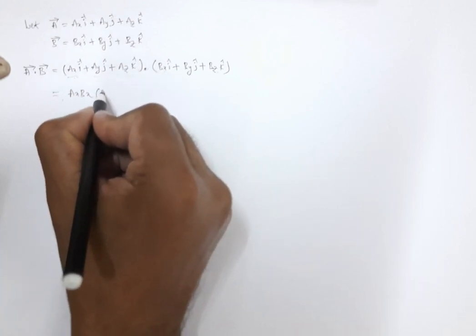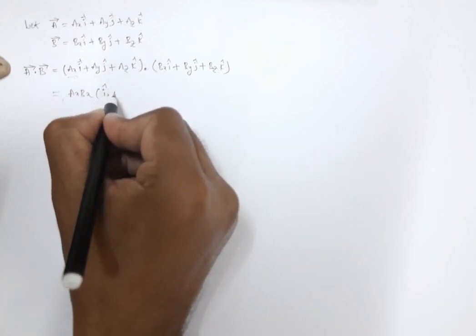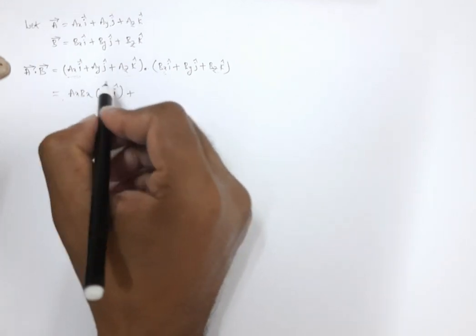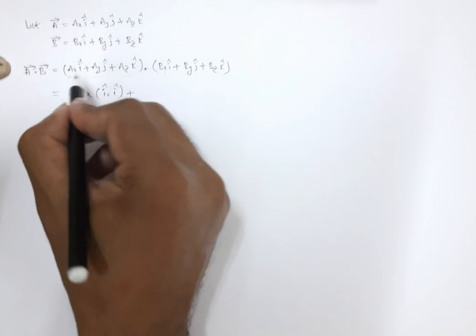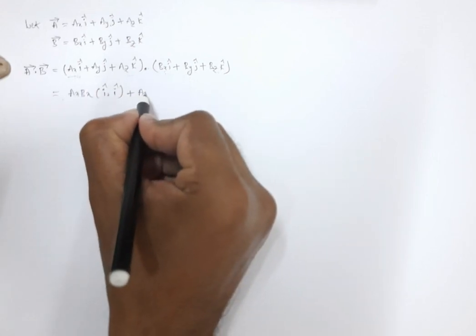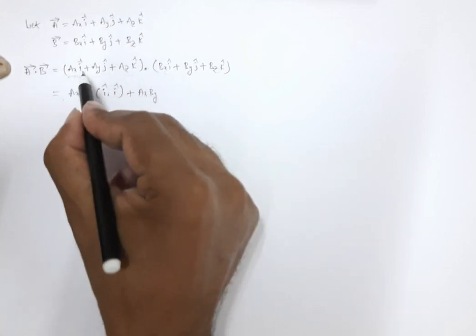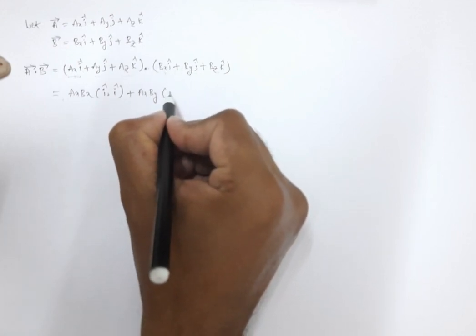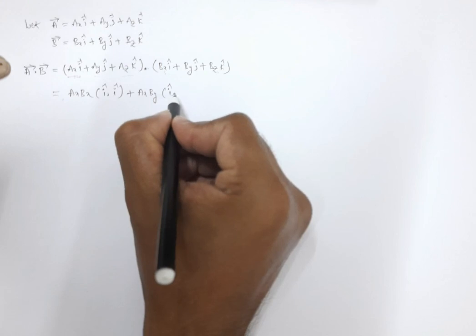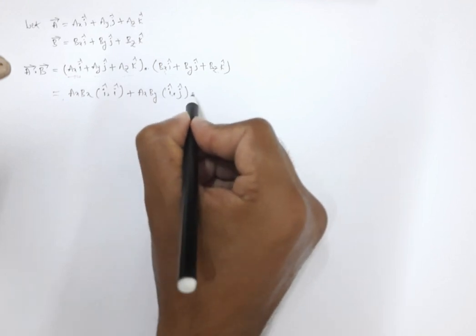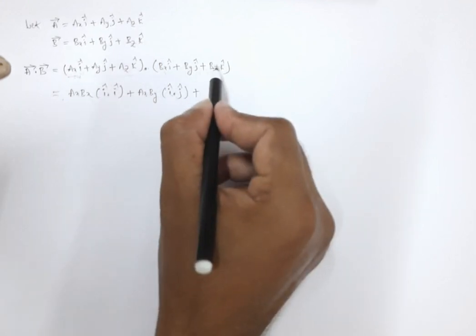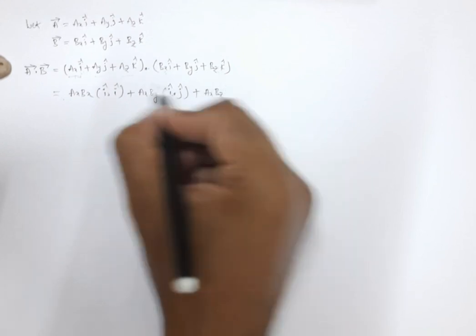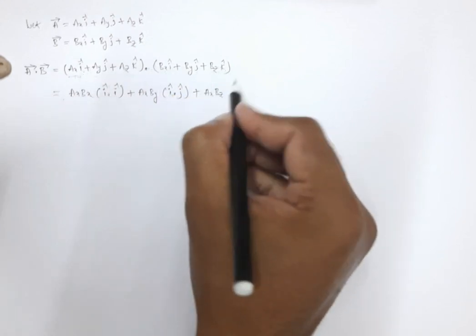Next, the first term and second term, ax by, i cap dot j cap, plus now the first term and third term, ax bz, i cap dot k cap.